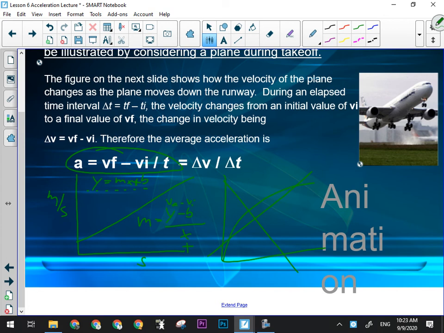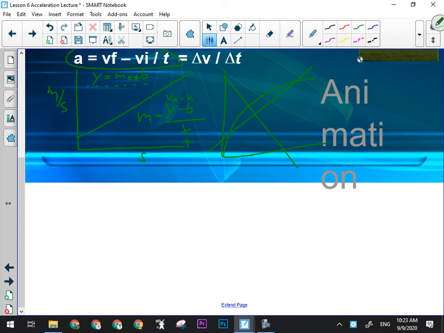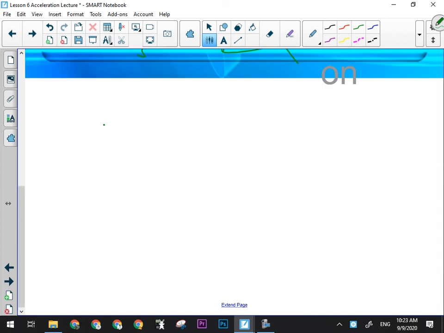What are the units for acceleration? Meters per second squared. Now, that doesn't mean that they are squared, it simply means this. If I divide meters per second by seconds, what happens when we try to divide fractions? What are we supposed to do? Right, multiply by the reciprocal.